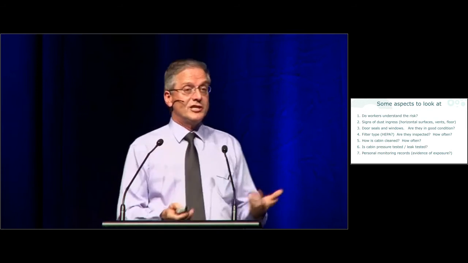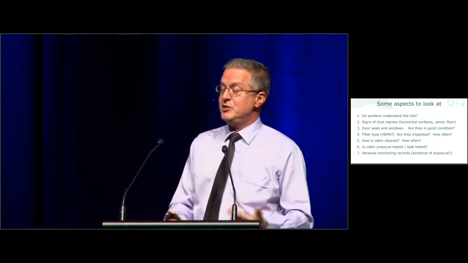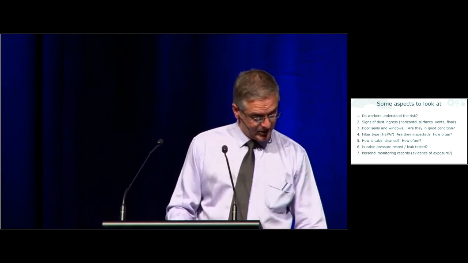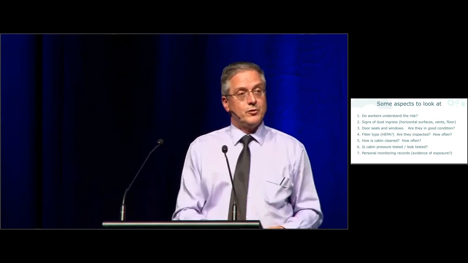Is the cabin pressure tested or leak tested? Is there evidence of dust ingress or that kind of thing getting into the cabin? And personal exposure monitoring. It's quite important to do the exposure monitoring so that you can identify what level of control you need and whether or not your controls that you've got in place are actually working.